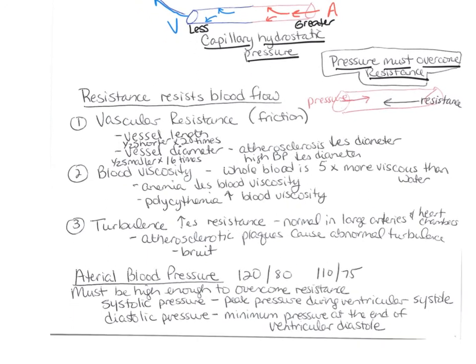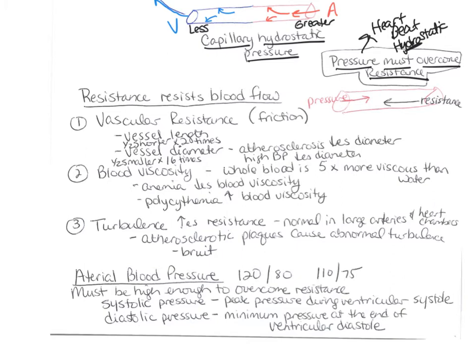First of all, the pressure in the arteries and the capillaries and the veins comes from your heartbeat. We call that pressure hydrostatic pressure. Hydro meaning the fluid. So that's the pressure from your heart, and that's going to push blood forward.